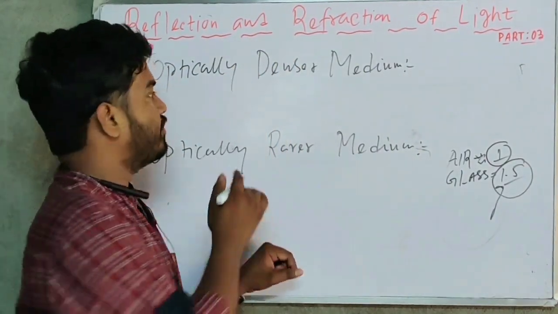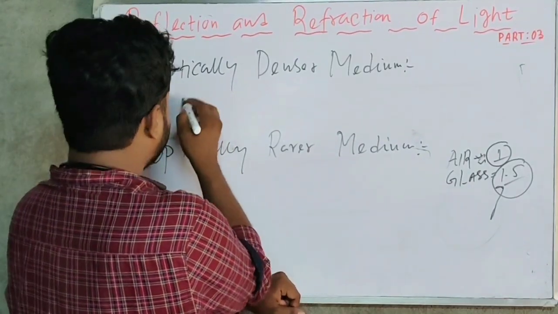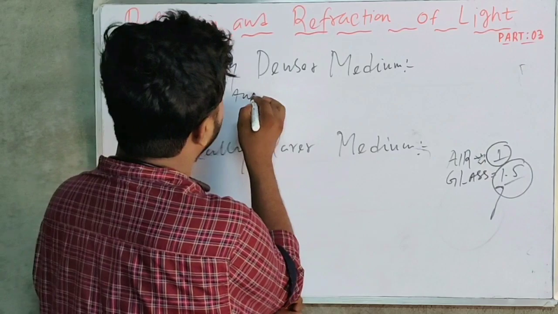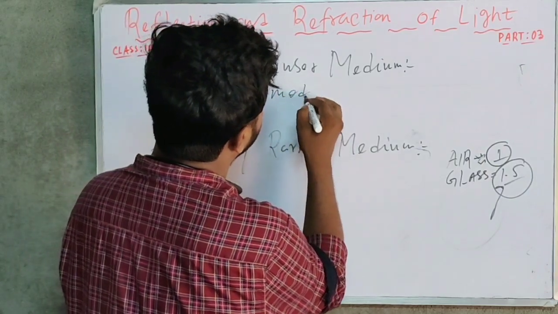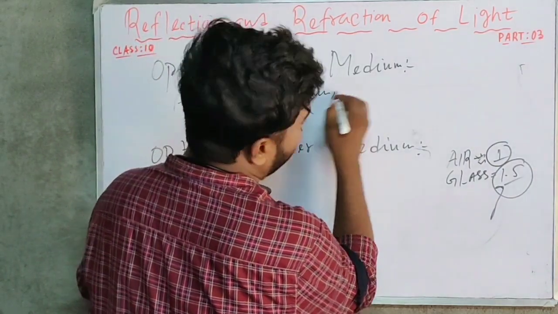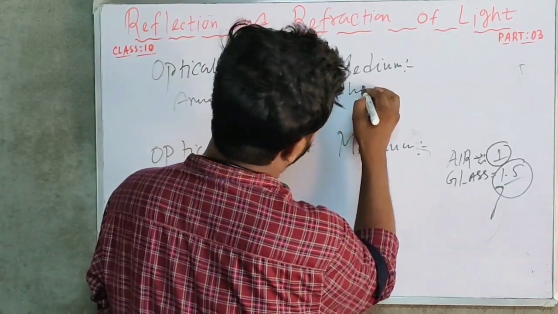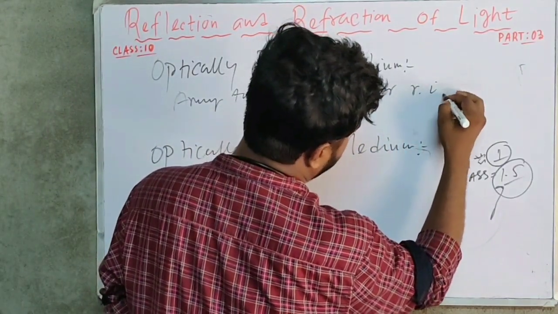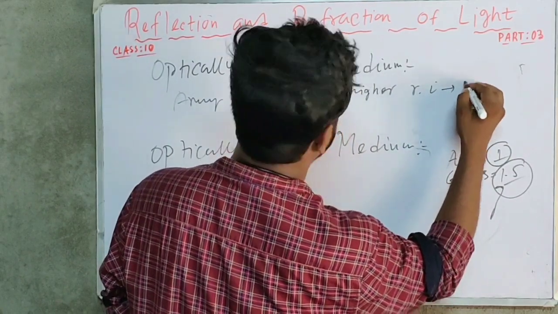So what is the optically denser medium? Between two media, the one with higher refractive index is called denser.